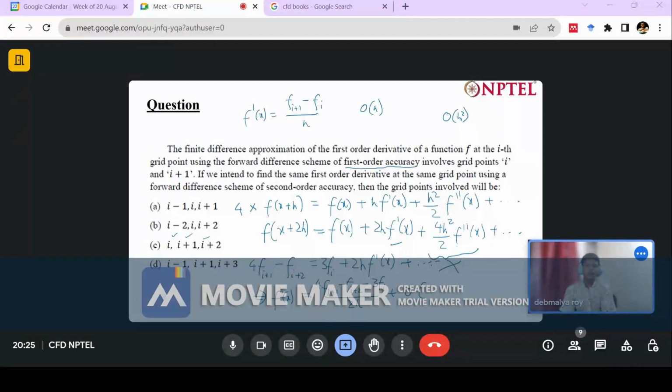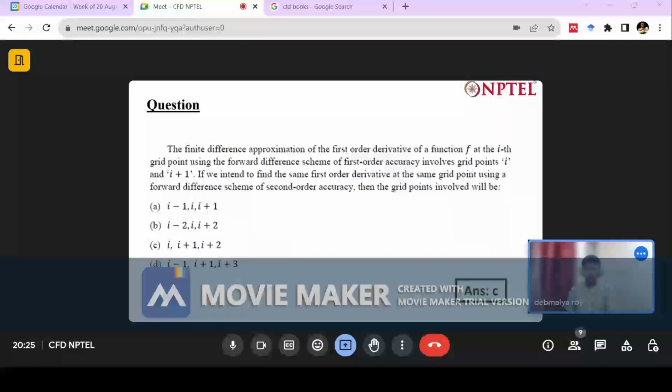The h square term had cancelled, so the next term would be h cube, and we are dividing by an h, so this will be h square again. So we have found order h square using points i plus 1, i plus 2. This is a forward difference method, so we will not be using any of the i minus 1 or i minus 2 points.